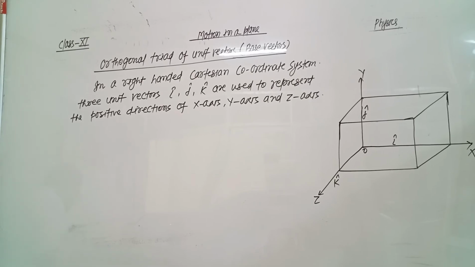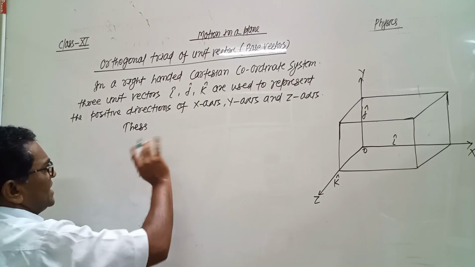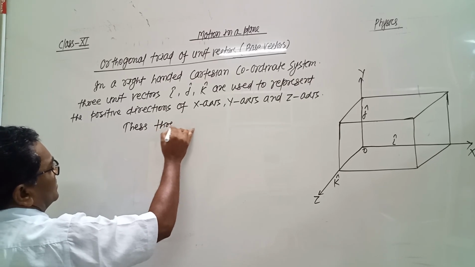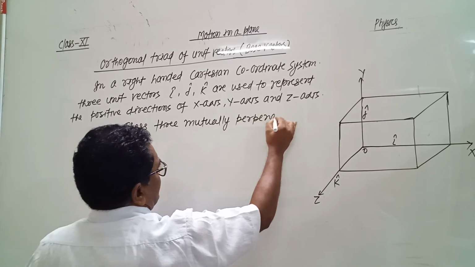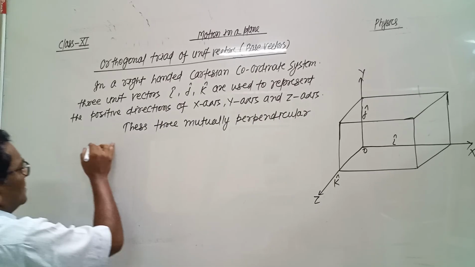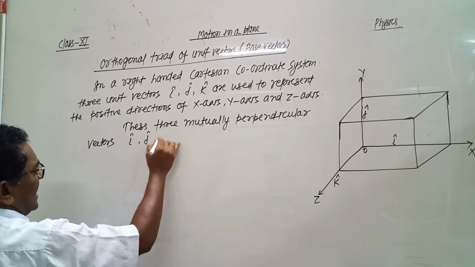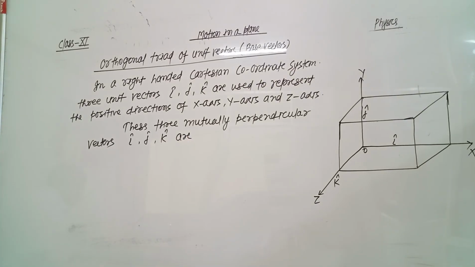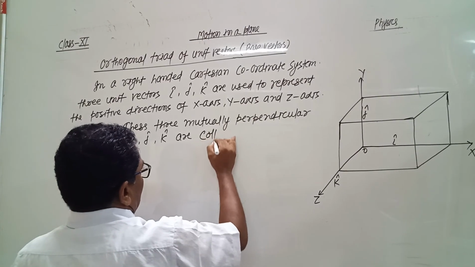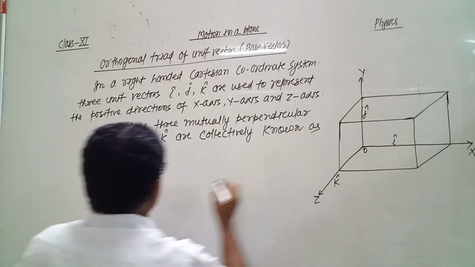So these three mutually perpendicular vectors, i cap, j cap and k cap, are collectively known as orthogonal triad.